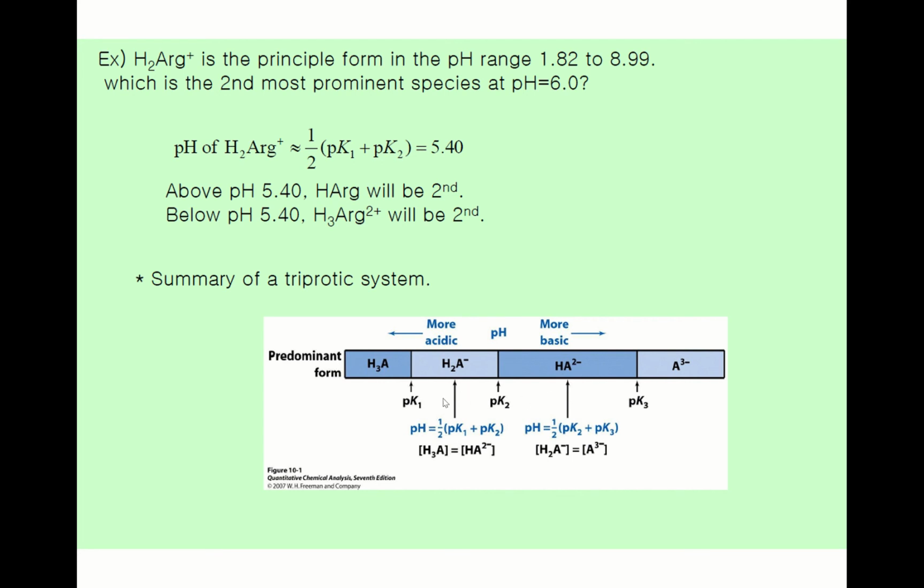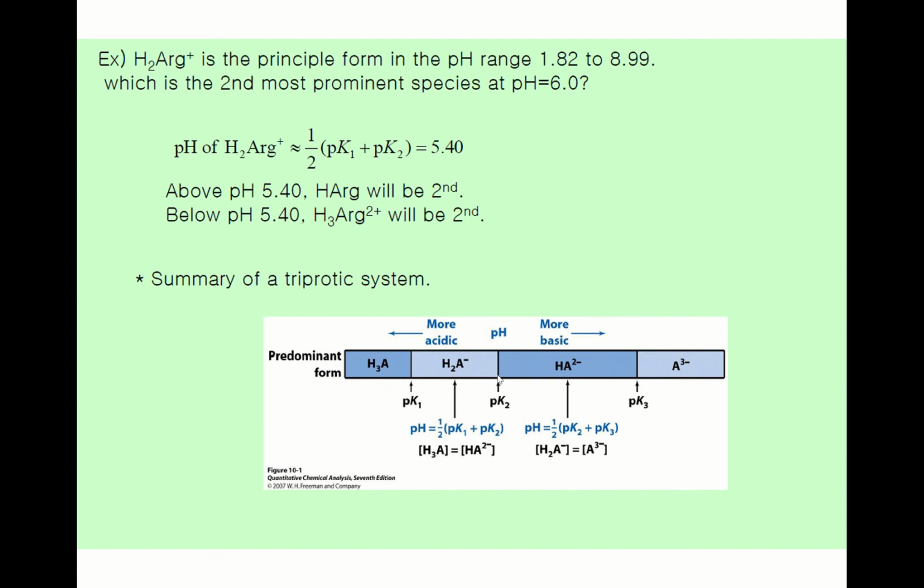Between pH 1.8 and 8.99, this is the major species, and since our pH is fixed at 6.0, this is about 9, and this is 1.82. 6.0 is here. This is much closer to this pK2.